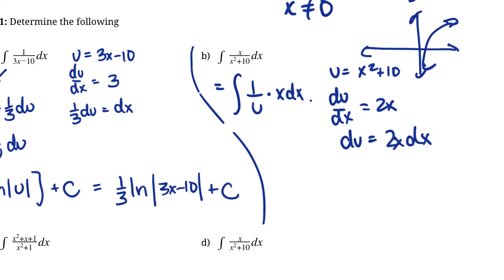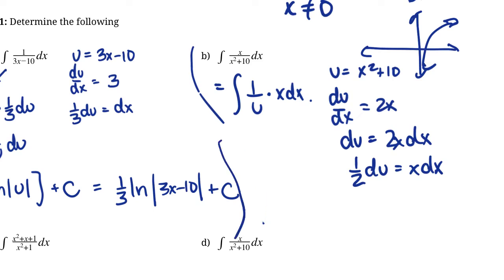If we divide both sides by 2, 1/2 du equals x dx. So now we can plug in 1/2 du for x dx. This is getting a little bit tight, so I'm going to erase this line here. This gets plugged in as the integral of 1 over u times 1/2 du.